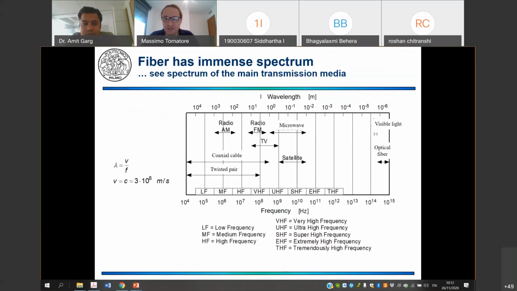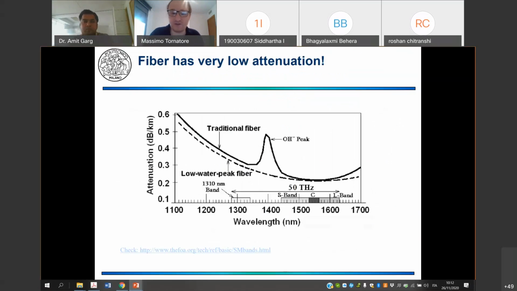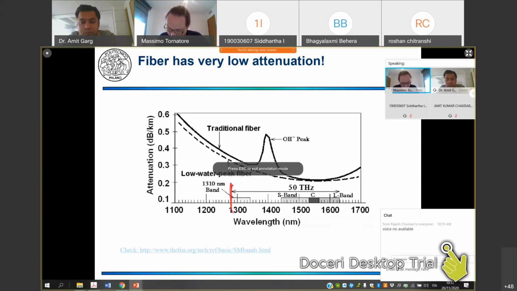When it comes similarly to attenuation, again, there is no discussion that we are using fibers. Typically, in the transmission window of an optical fiber, which is typically around 1500 nanometers, the attenuation is 0.2 dB per kilometer.